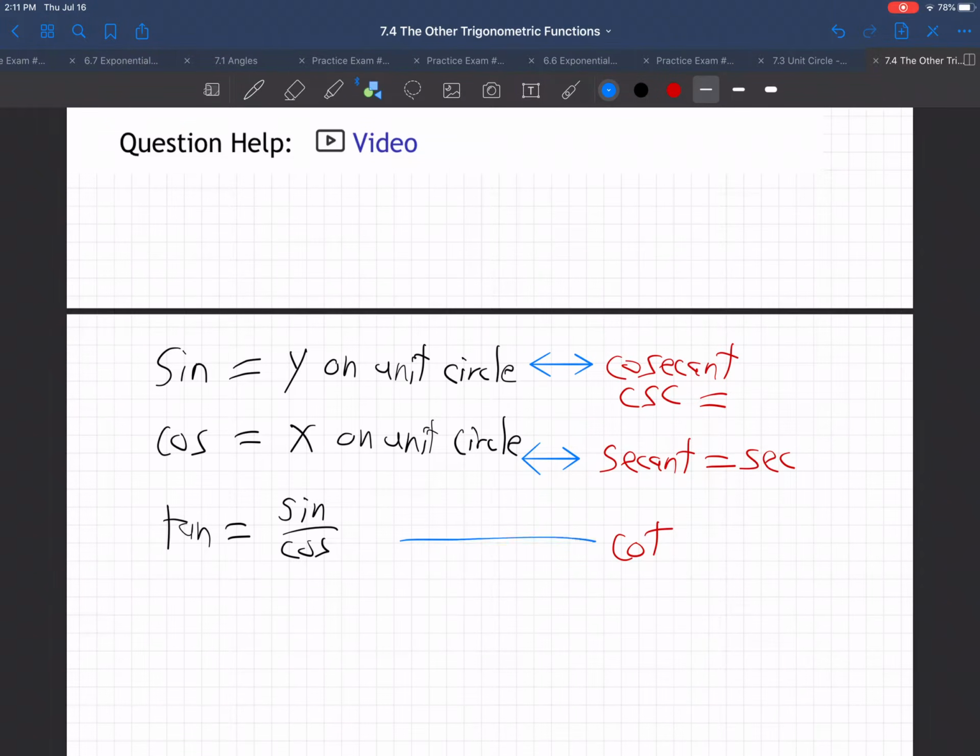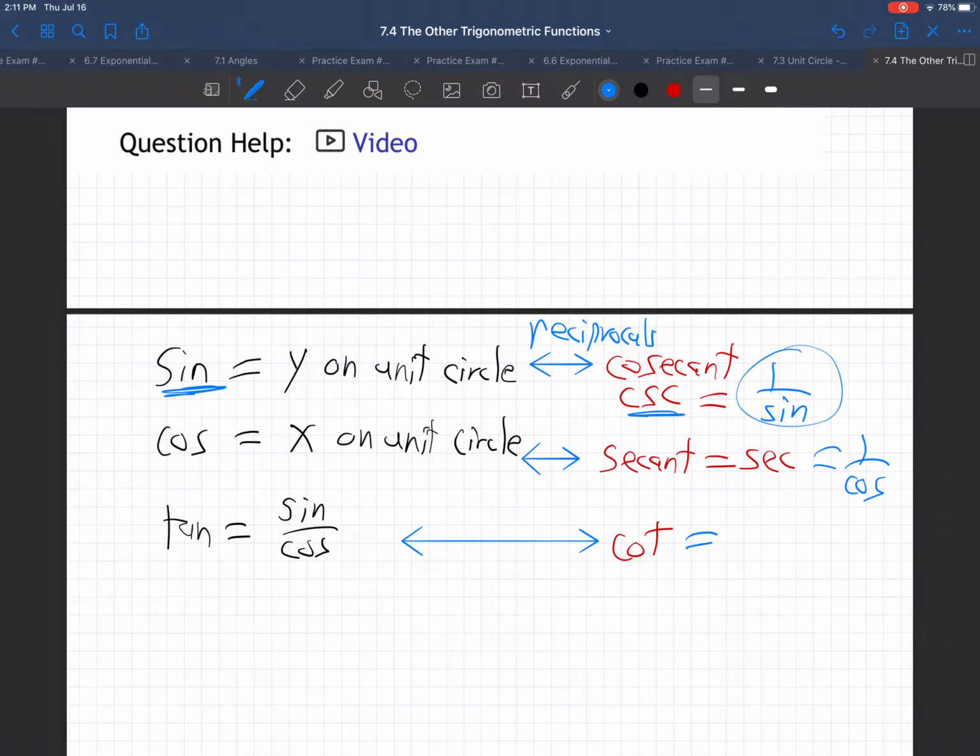They're upside down. So cosecant is 1 over the sine, and secant is 1 over the cosine, which is the x. Tangent is sine over cosine, and the cotangent is the upside down of that, cosine over sine.